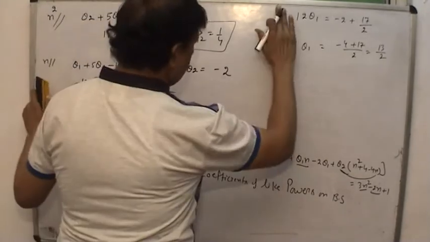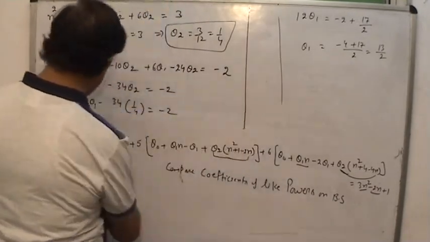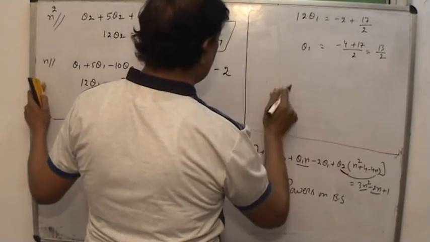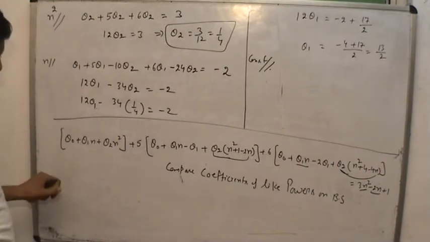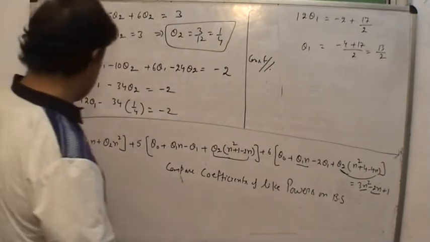Now only one coefficient is left, the constant term. For the constant terms on the left hand side, we start from this bracket.